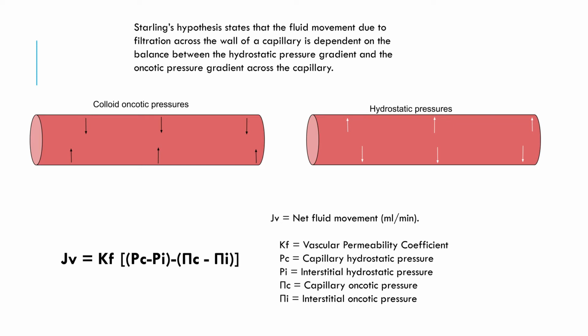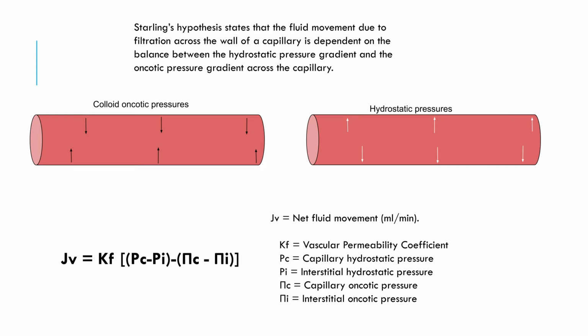The colloid oncotic pressure is the converse of this. This force maintains fluid within the intraluminal space, and this is driven by the concentration of membrane impermeable molecules. For example, in the human body, the most common of these is albumin, and this applies to all mammals.